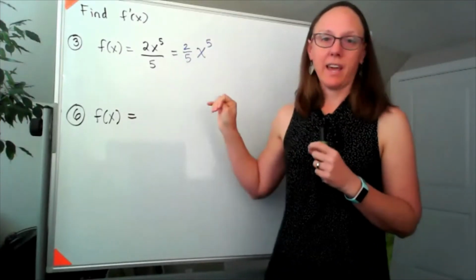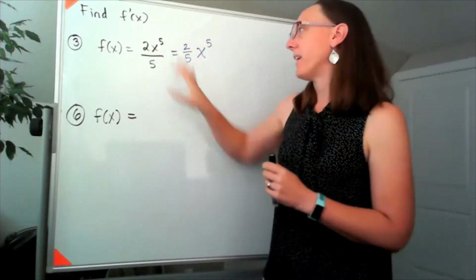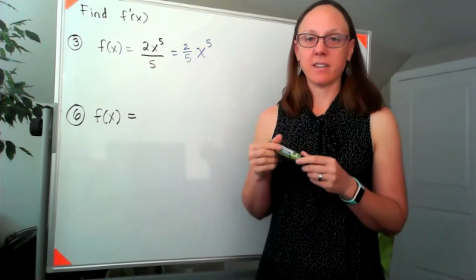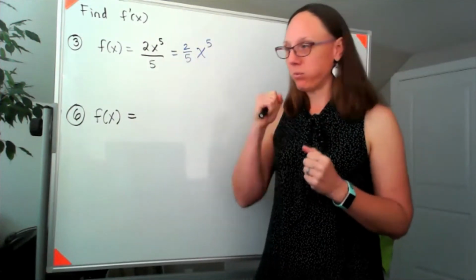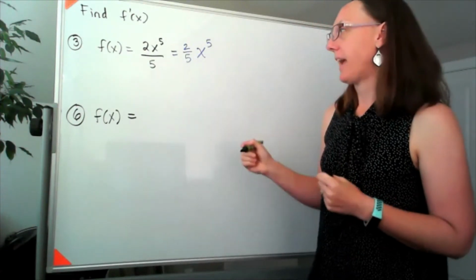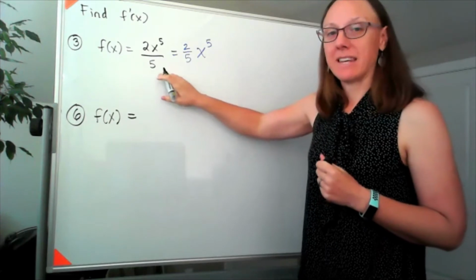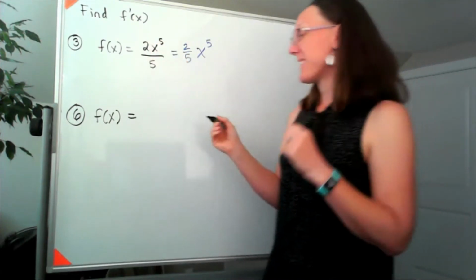I do want to say that this one right here, recognizing that we can rewrite this, this is the one thing that I really think is going to save you a bunch of time. And sometimes it's easier to recognize when we have numbers on both the top and the bottom.